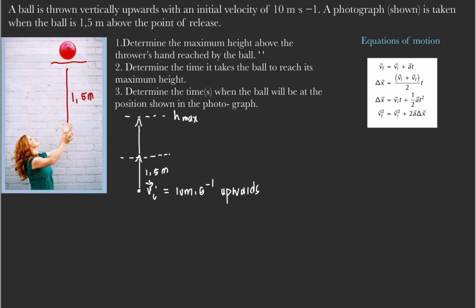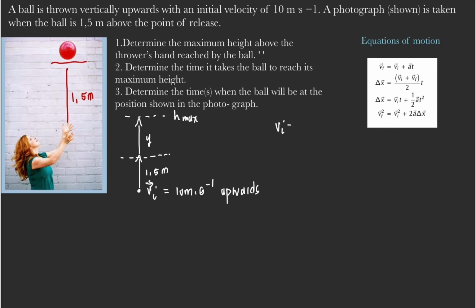So we actually have to look for this distance: how far it traveled from the height shown in the picture until it reaches its maximum height. So we outline the information that we are given.